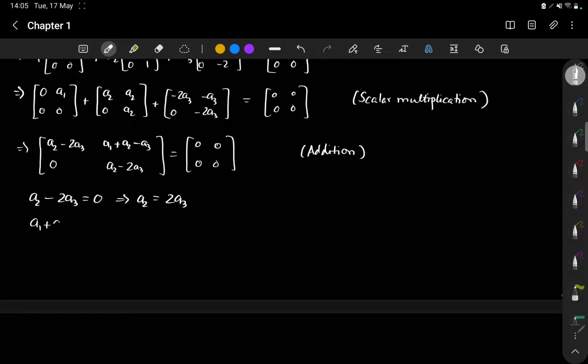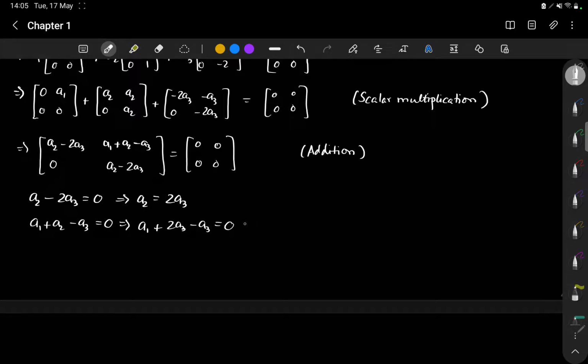We have A1 plus A2 minus A3 equal to 0, which implies A1 plus 2A3 minus A3 equal to 0. How did we get this? I substituted A2 equal to 2A3 for this A2.